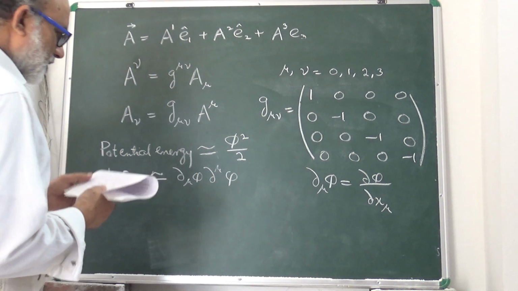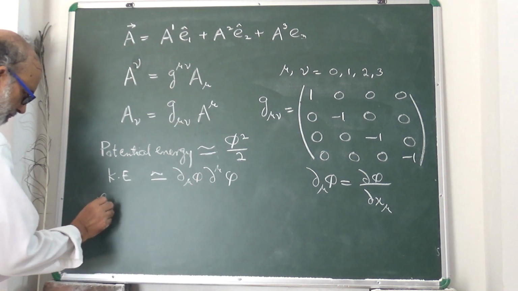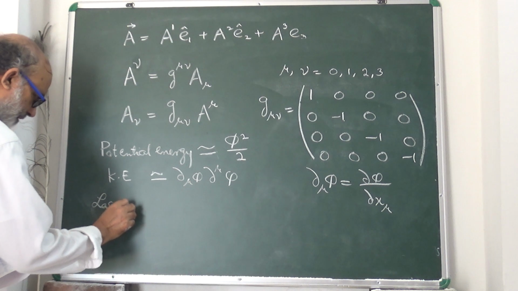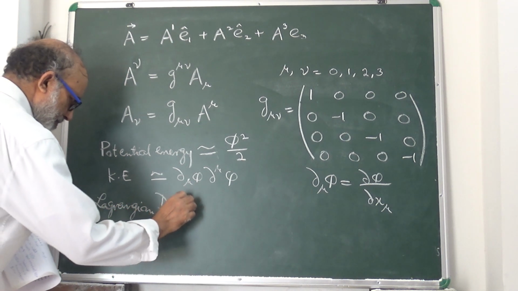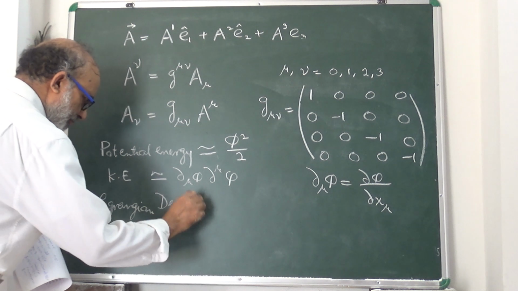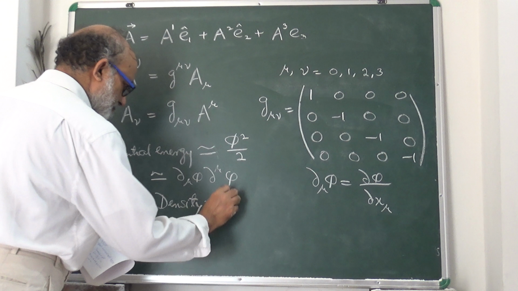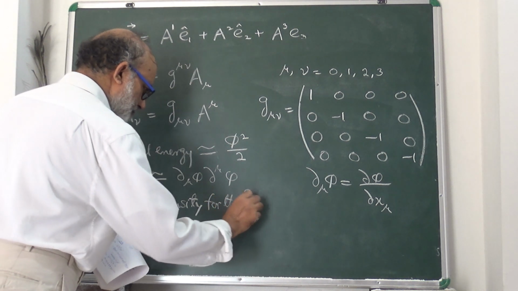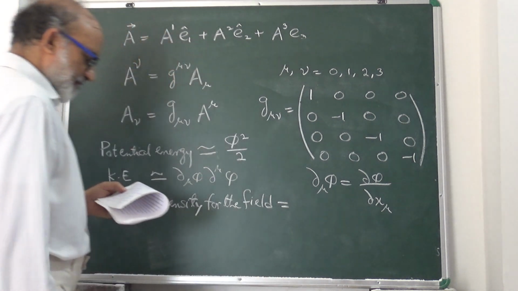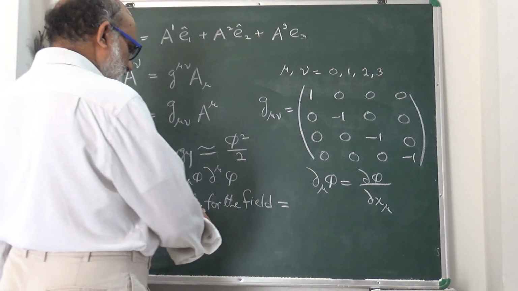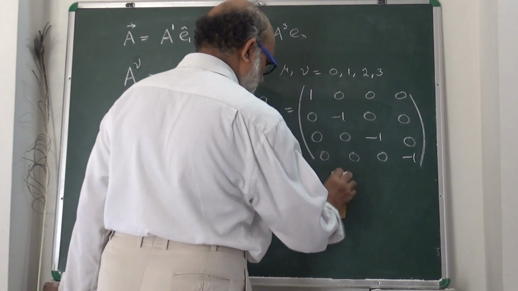So the Lagrangian density for the field will be kinetic energy minus potential energy density.